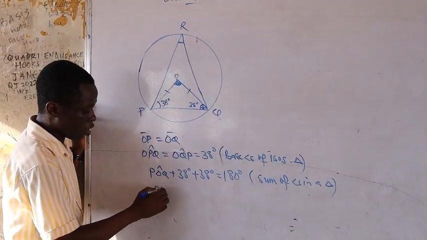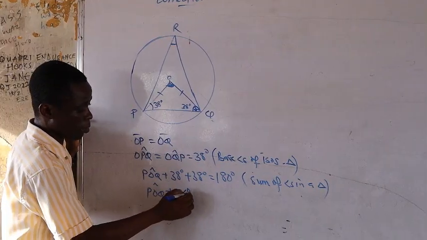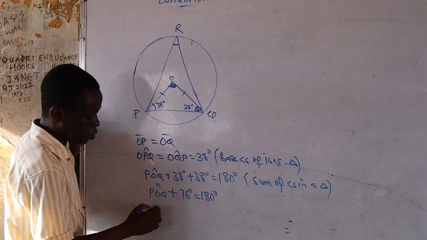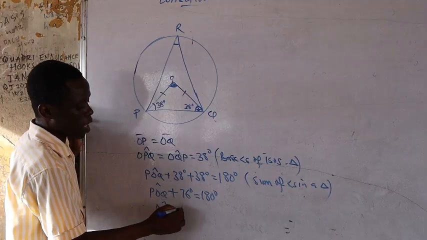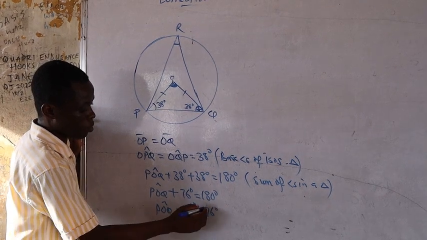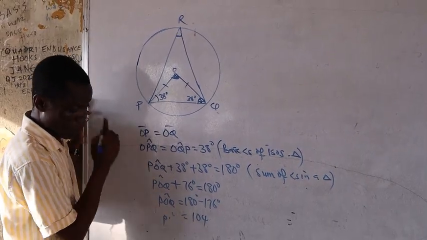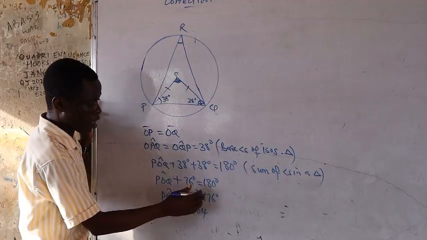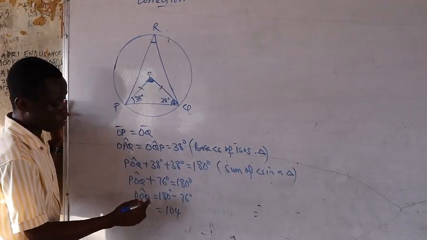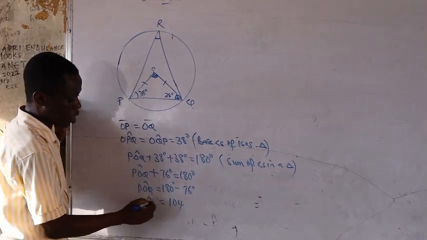Adding these two angles together, we have 76. So one can now get POQ as 180 minus 76, and that is 104. So POQ equals 104.